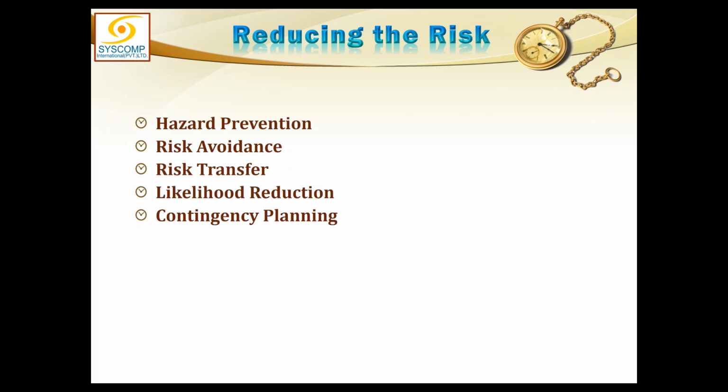Or for that matter, if you are doing a project and in that project a certain job you do not have any expertise, capability or capacity, or the work is too sensitive and you do not want to do it because it may go wrong and cause you a big damage. So this risk is there.